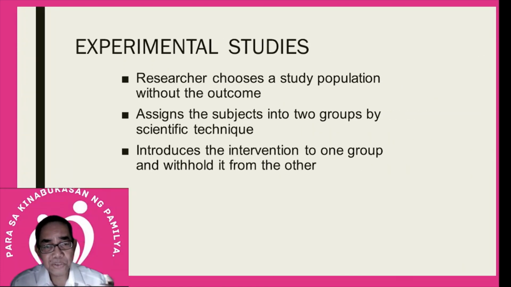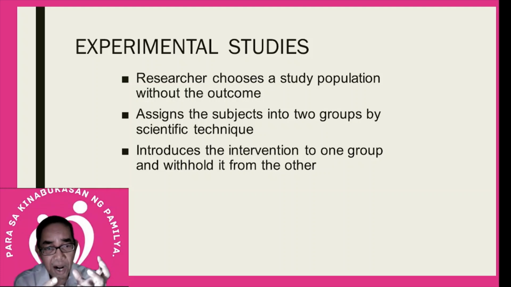Going back to assigning the subjects into two groups by a scientific technique, why does an experimental study provide the strongest evidence? The reason is that with randomization, we ensure the characteristics of the two groups are equal. There are two groups: one given the intervention, and the other not given the intervention.